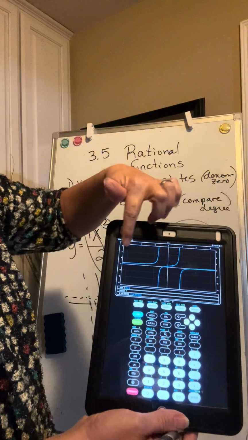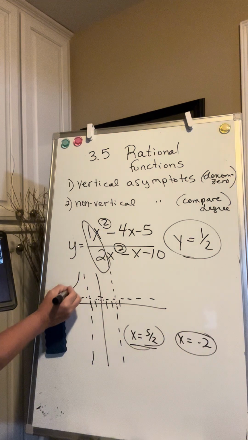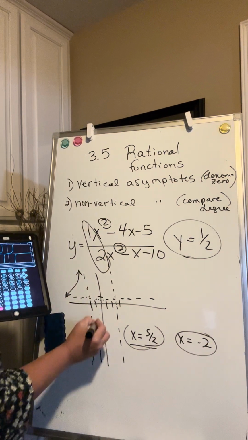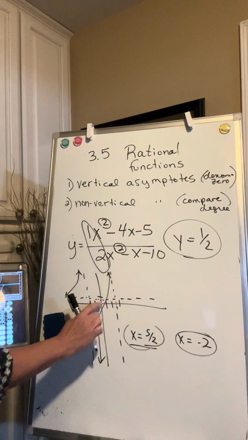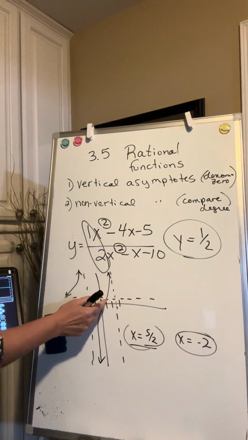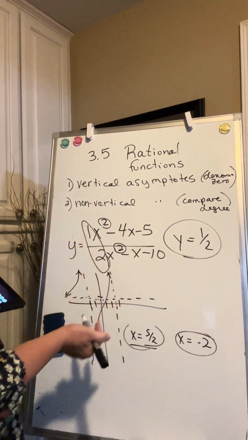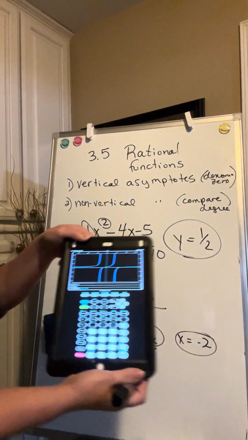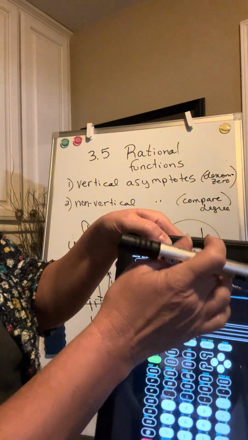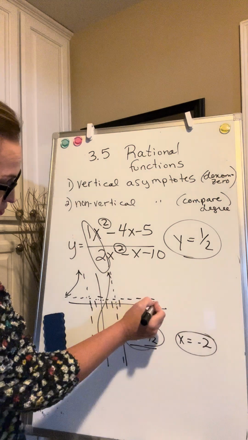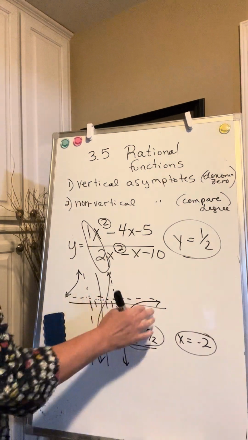You notice the first section over to the left is in this area up here, kind of stuck in that guideline. And it does cross the non-vertical asymptote. We could find that exact point by plugging in y equals 1/2 for this y and figuring out what x value that is if we needed to get that specific. So it zigzags through the middle. And in the last section, we have a curve right there. So 3 sections on that one as well.